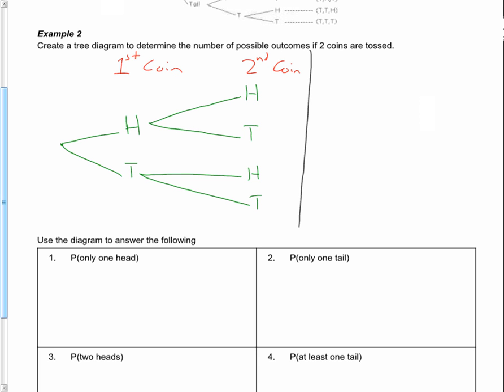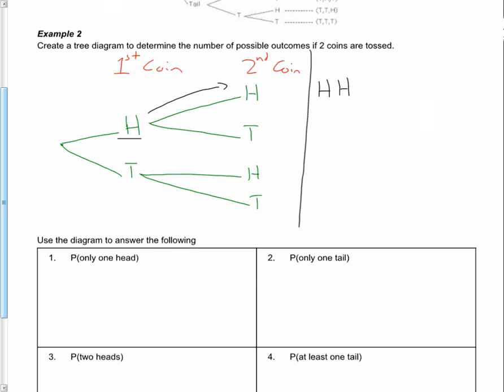You can read this tree diagram either from left to right or from right to left, but you want to map out all of the possibilities. I'm going to start here with my first coin flip, and let's say my first coin flip was a head. I then move up the tree diagram, and my second option was also a head.